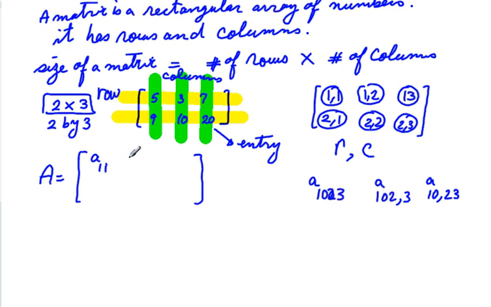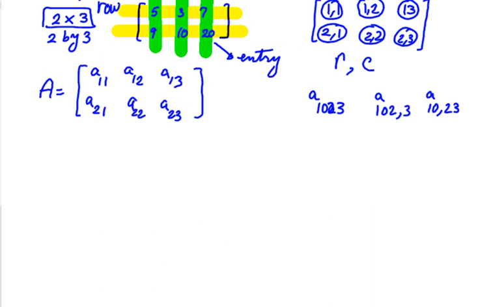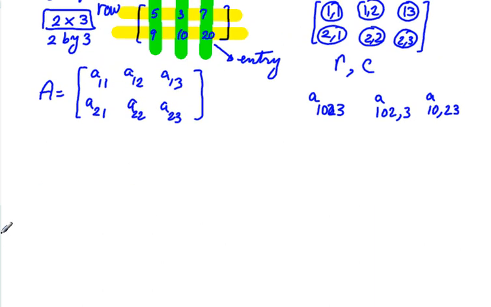It's not going to be confusing. So we write A11, we really mean A1 comma 1, A12, A13, A21, A22, A23. So that is how we refer to each of these entries.